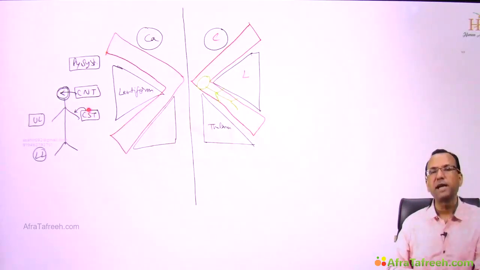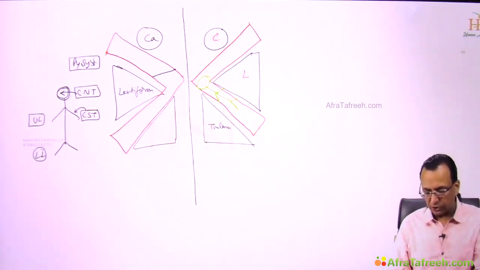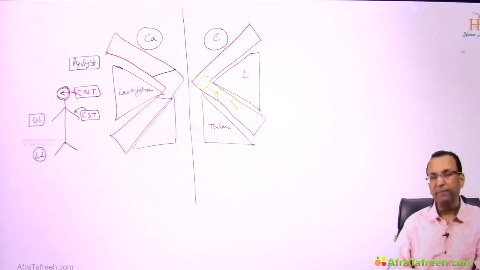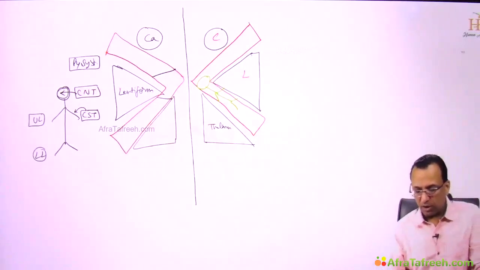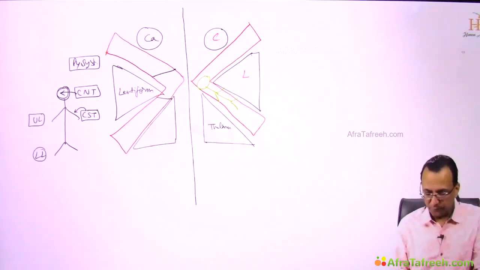Let us represent the fibers in the internal capsule, and this is the bend called genu. This is where you will have the corticonuclear tract. But remember that the corticonuclear tract passing through the genu, the motor fibers, passes more laterally.